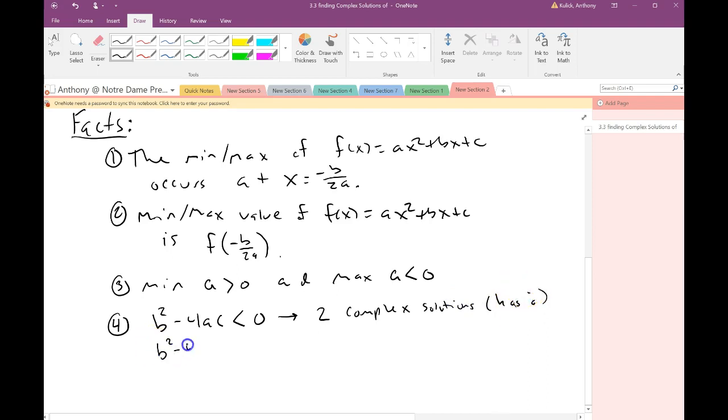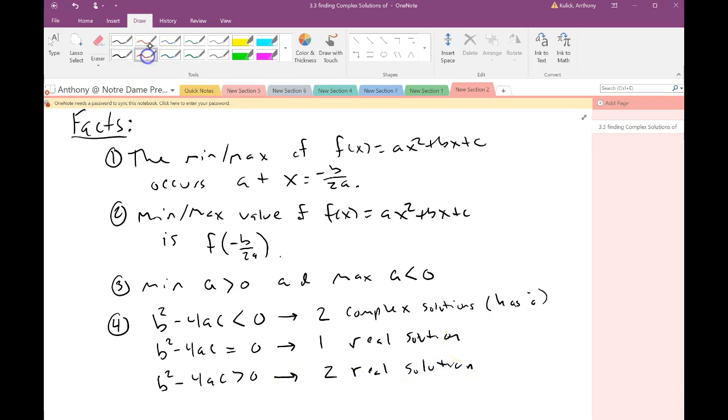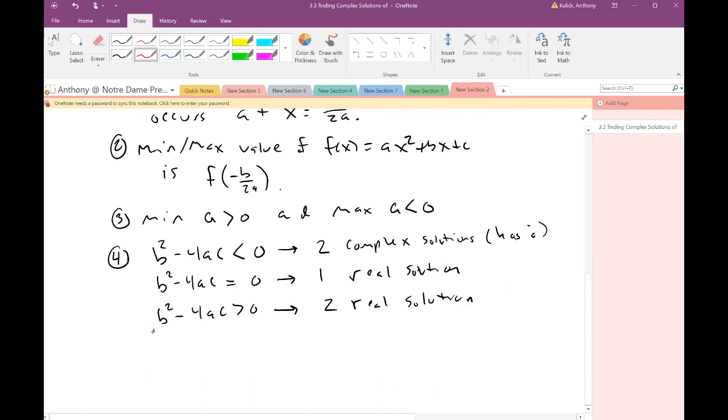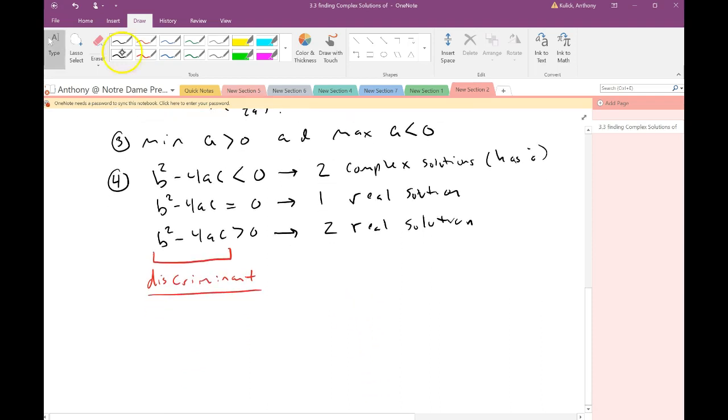And if b squared minus 4ac is equal to 0, we have 1 real solution. And if b squared minus 4ac is greater than 0, we have 2 real solutions. And as a piece of vocab here, this quantity, b squared minus 4ac, is called the discriminant. So you might see that piece of vocab.